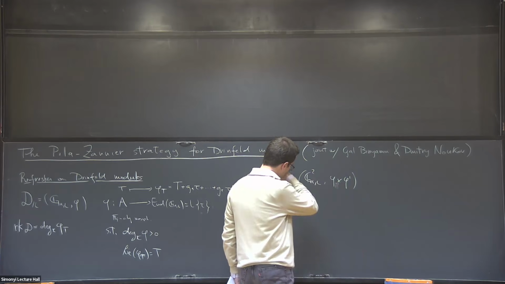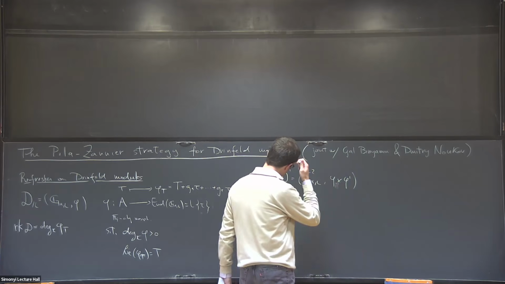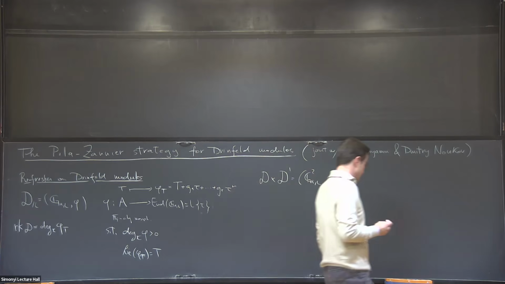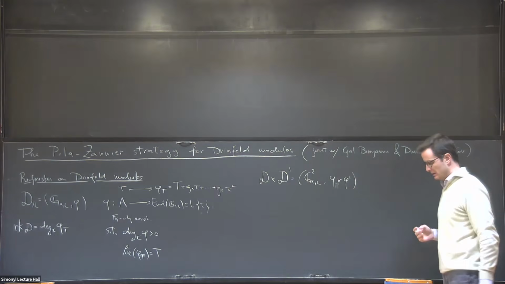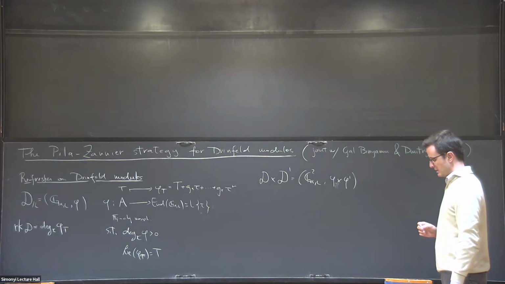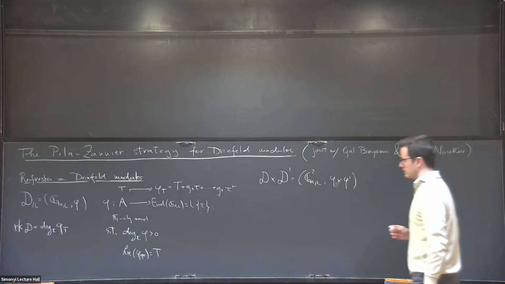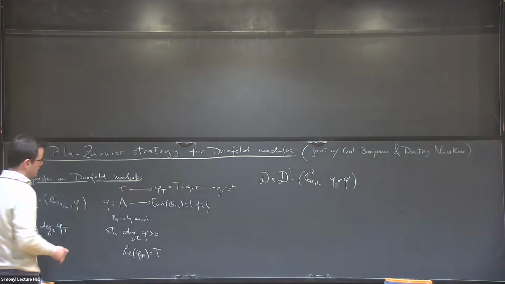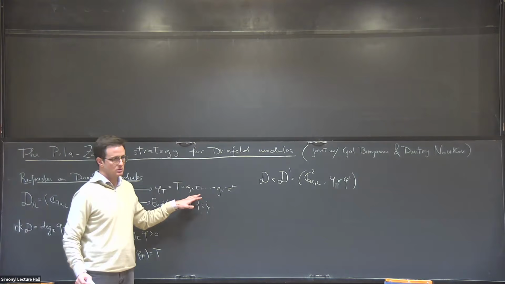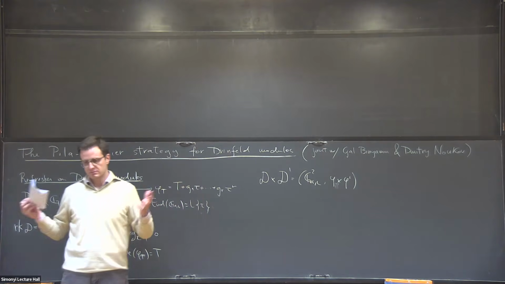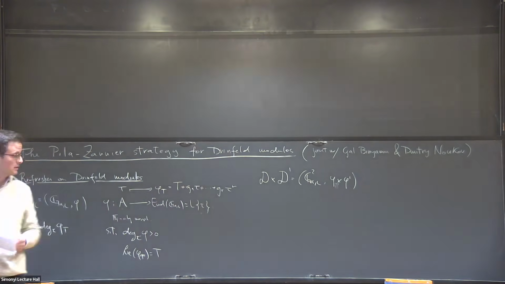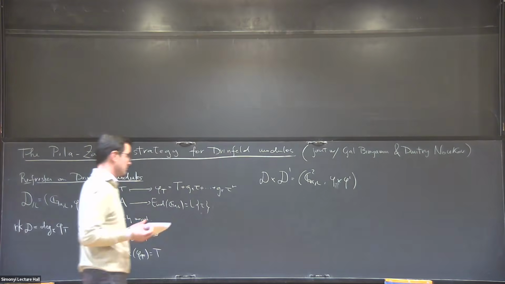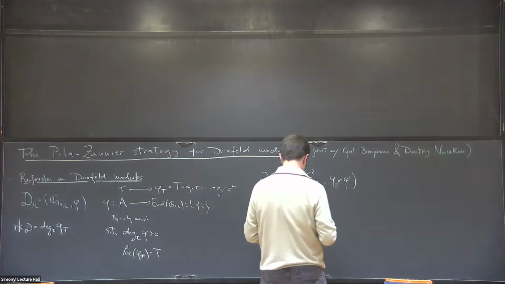This is going to be the ambient space where we're going to work and produce our results. Intuitively, if we set our rank r to 2, we're going to see that they share some analogies with elliptic curves. And so this can be thought of as a product of two elliptic curves over, of course, function fields.